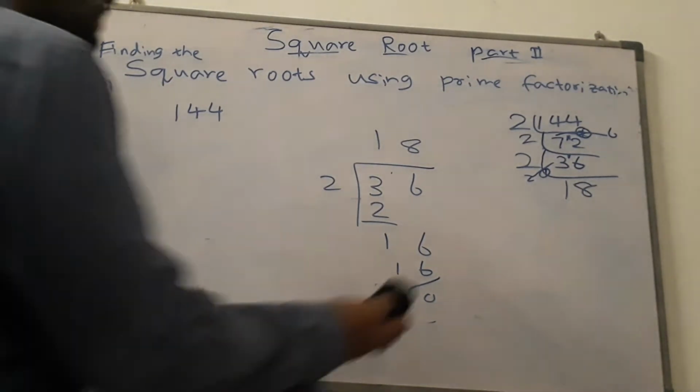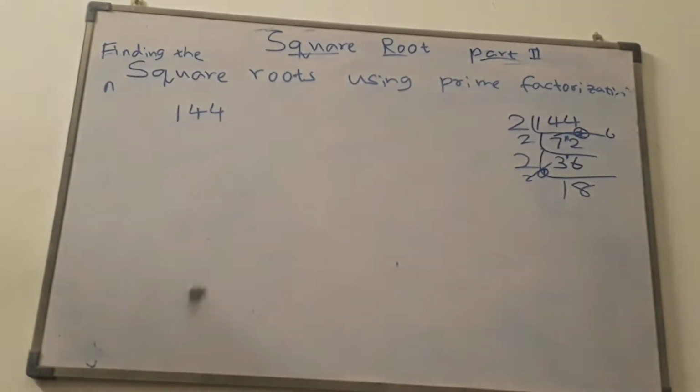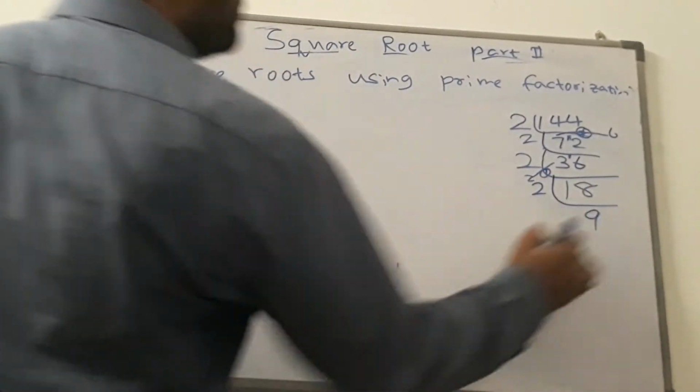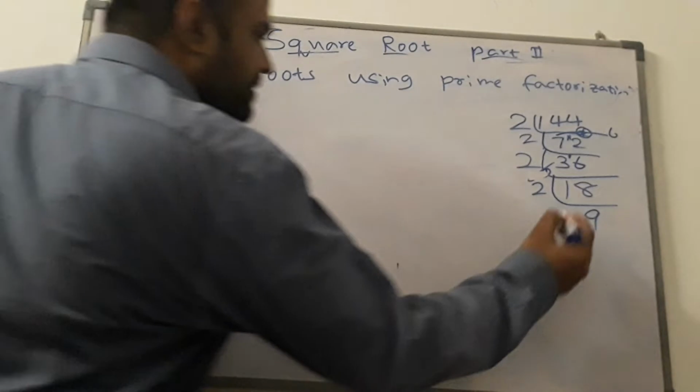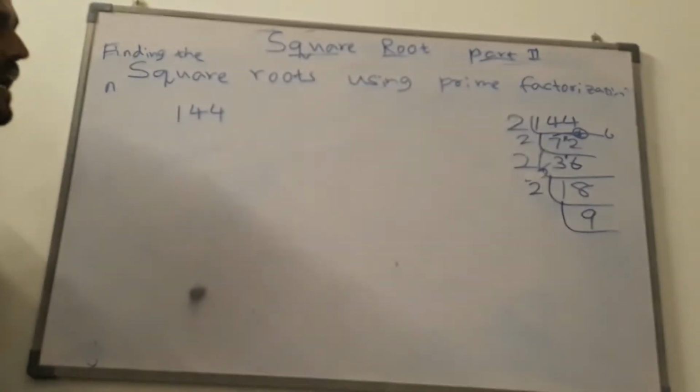Again we can divide by 2. How many 2's are there in 18? 2 times how much? 9. Okay, so there are 9 2's in 18. 9 is not an even number. So we have to think about the next prime factor.